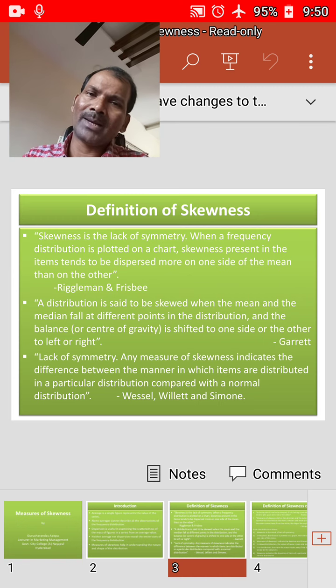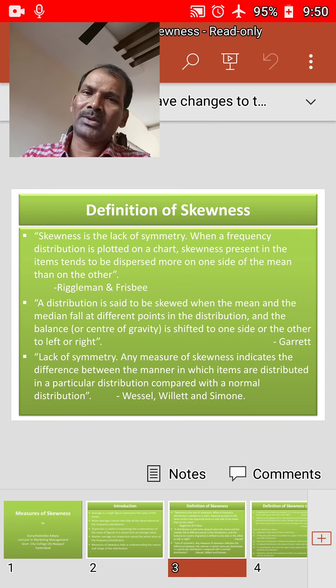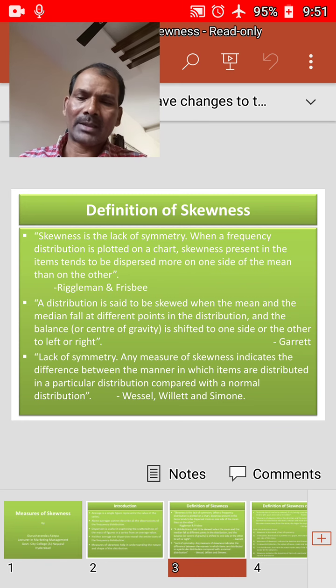There is no similarity with the normal distribution. A normal distribution is a symmetrical distribution. You can cut it into two equal halves. The median, mode, and mean are located in the center, but it is not so according to Wessel, Willett, and Simon. It has lack of symmetry. When you compare the same with the normal distribution, it has some difference, right?